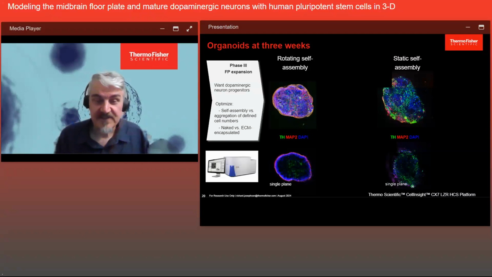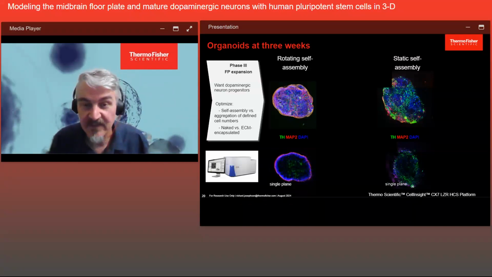So now to use this technique to compare the different physical environments for generating the organoids. Again, these images are maximum intensity projections of 3-week-old organoids stained for MAP2 and TH. The MAP2 is in red, TH is in green.